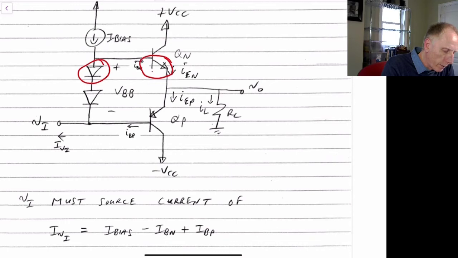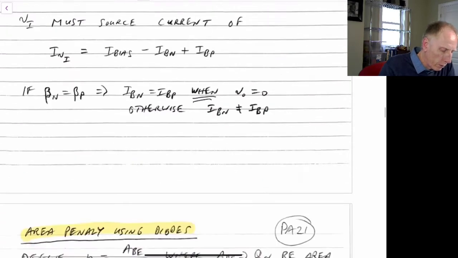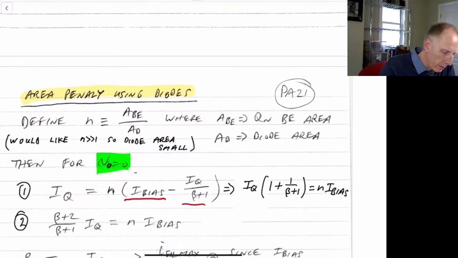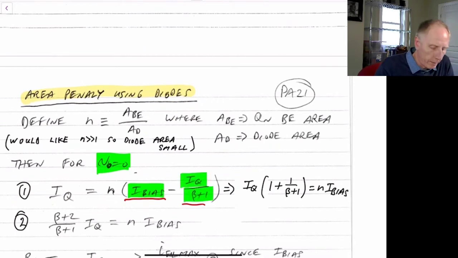So the current through here will be N times the current through the diode. The current through the diode is I bias minus I sub Bn. So the current through the diode is given by I sub bias minus IQ divided by beta plus 1, the quiescent current divided by beta plus 1, which would be the base current through that transistor. If I multiply that by N, that should equal IQ, the quiescent current through that NPN transistor.